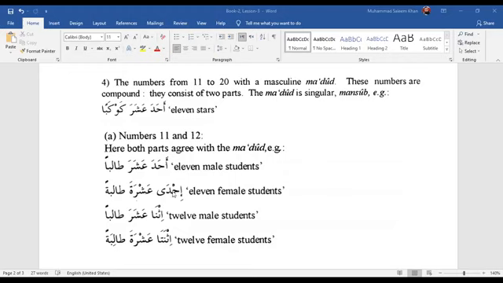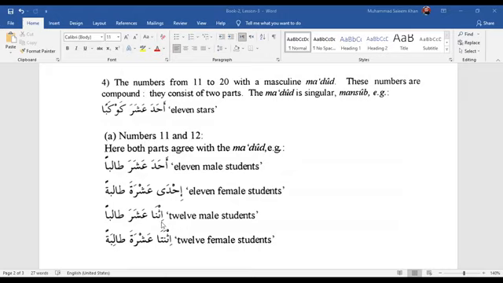So all of them will be feminine because they have to be equal in number, gender, status and capacity. You might have noticed here that for the feminine, the sheen is sakin. This is the bigger difference between these two. For masculine, sheen is not sakin, it is ashara. But for the feminine, it is ashrata. So sheen is sakin.